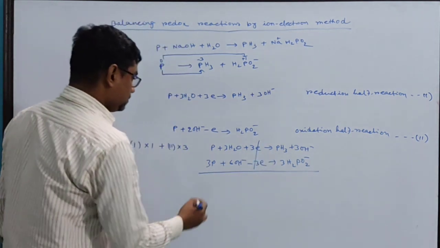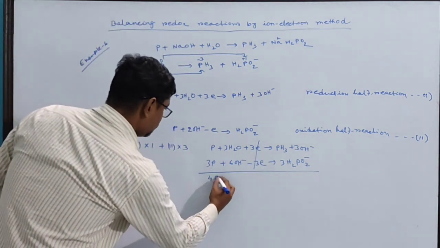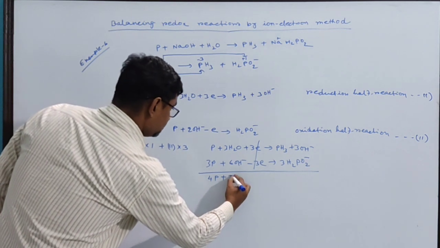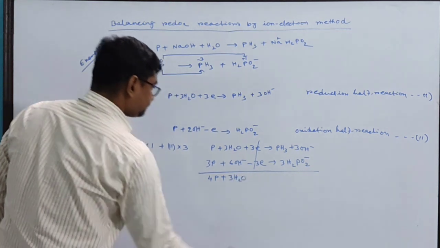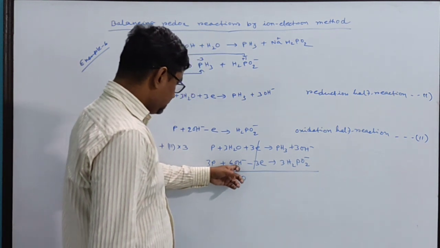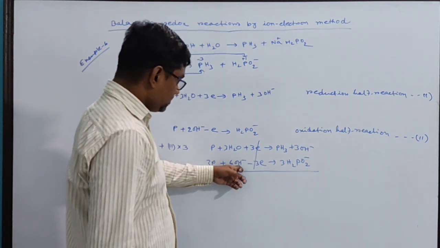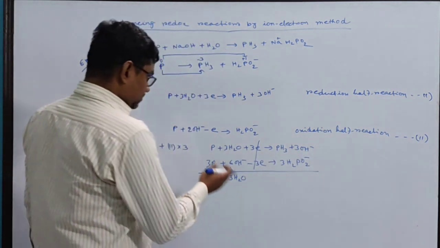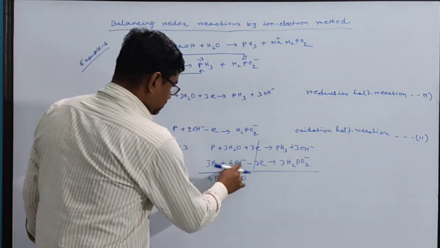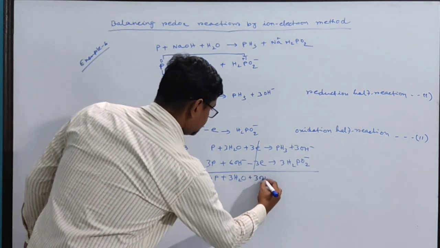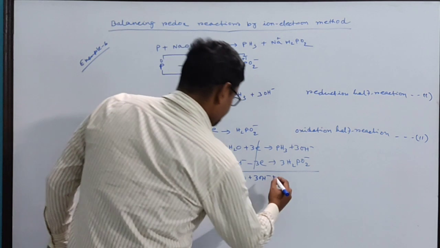This will be cancelled out, so we will have 4P plus 3H2O, and you see for OH minus ions here 6 OH minus, and in the right hand side 3 OH minus ions are there, so resultant will be 3 OH minus ions in the left hand side, so we will write 3 OH minus only.